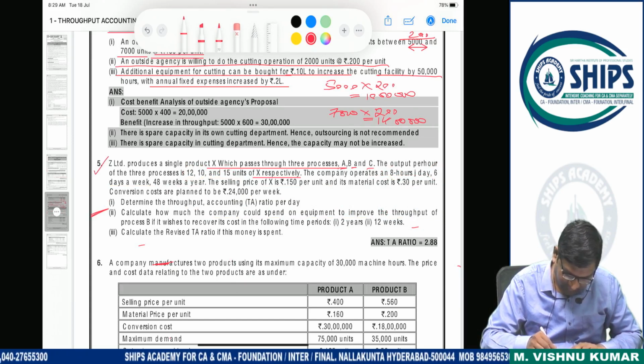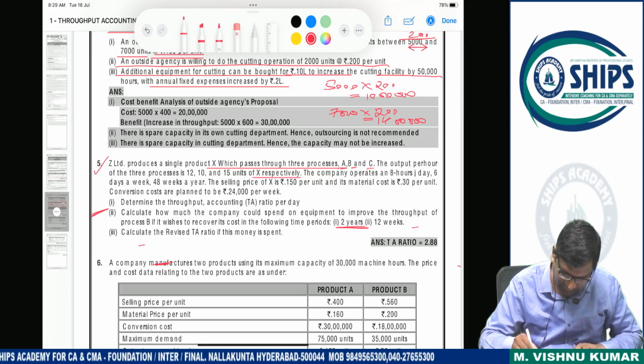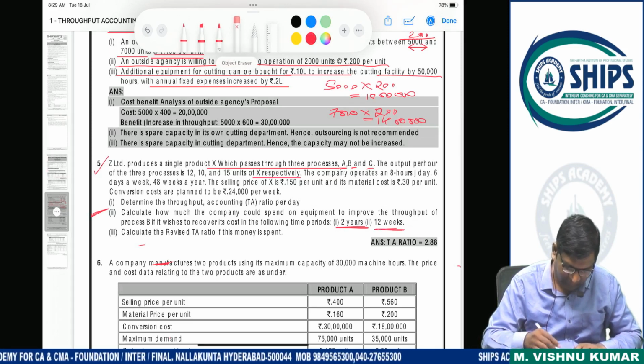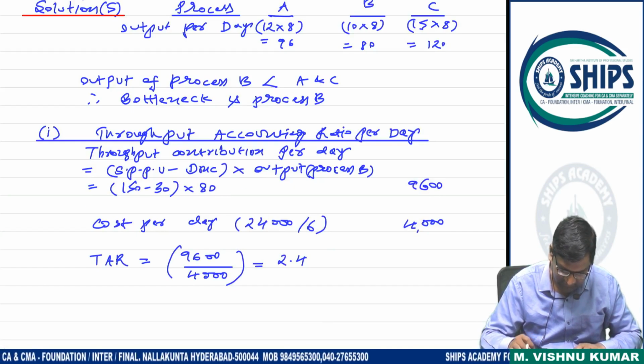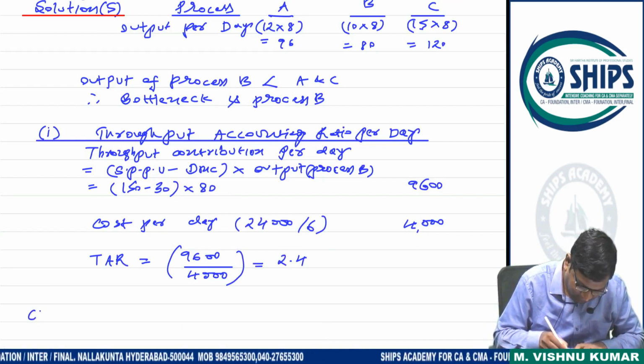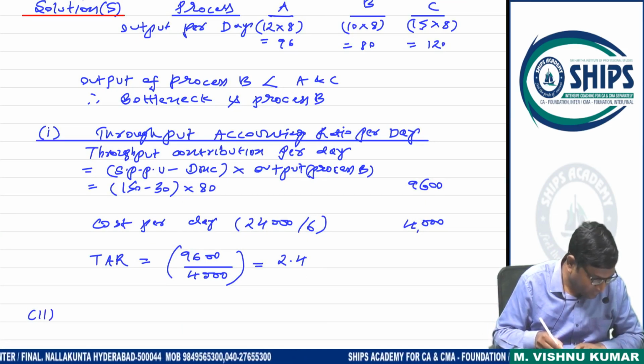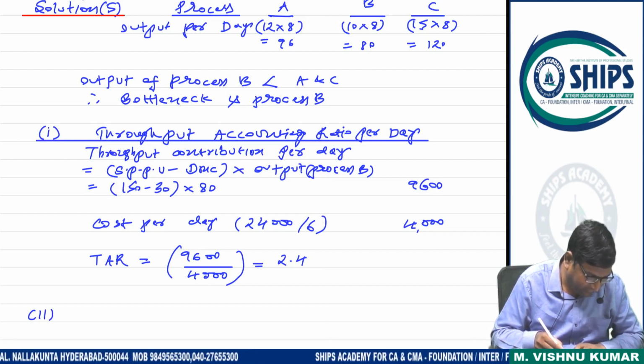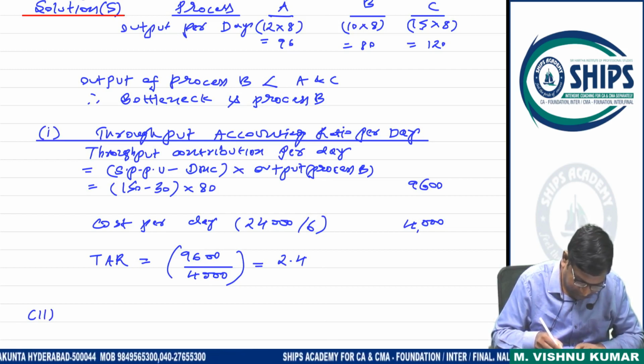Calculate how much the company could spend on equipment to improve the throughput of process B if it wishes to recover the cost in 2 years and 12 weeks. So from process B's point of view, we have to answer this. How much should the company spend on equipment to improve the throughput?